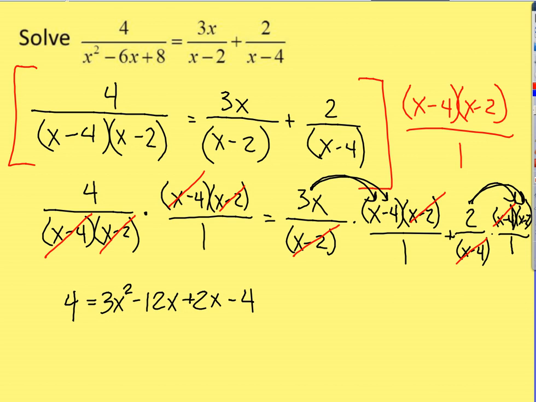Now we have an x squared, an x, and constants. So we're going to take everything to one side of our equation. So if I combine like terms and take that 4 over, we're going to be left with 0 is equal to 3x squared minus 10x minus 8.